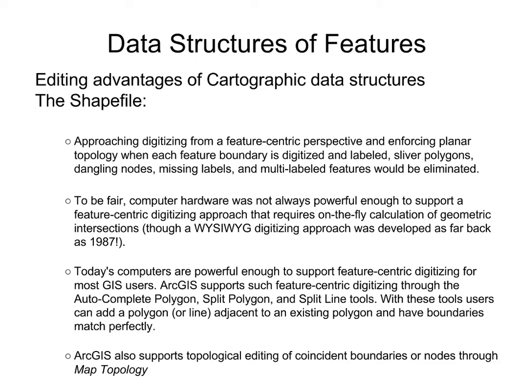So a lot of errors were eliminated by the feature-centric editing environment. What that means is much better snapping tools, and also editing tools within the interface that allowed you to build polygons, allowed you to create adjacent polygons, tools that helped you to build topologically correct data while you were editing, instead of having to check for all that stuff after.